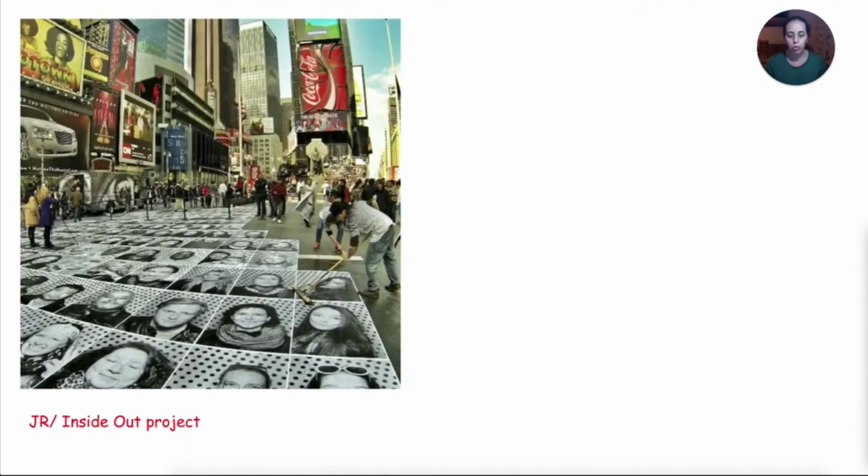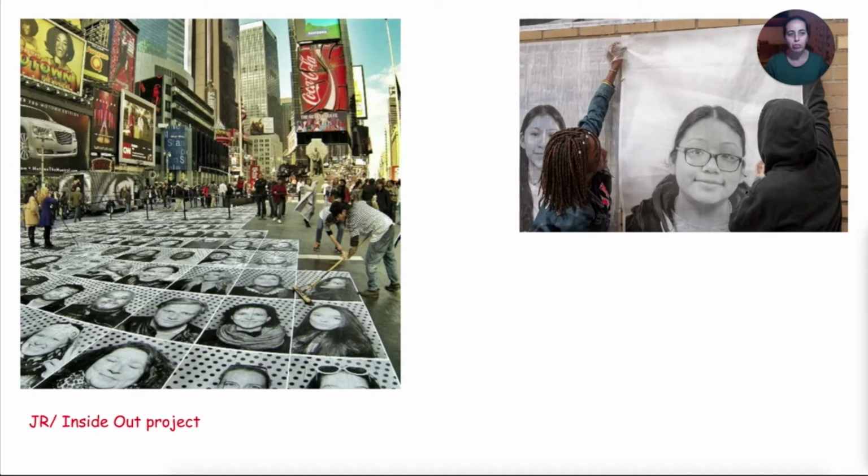Another project he did in 2011 is called Inside Out. In addition to him taking pictures of people, here you see the image in Times Square, and putting them either on the wall or on the street, he wanted communities to do it themselves. So he created a platform where members of communities can contact him, send him the pictures that they took, he printed them, sent them back, and then the community could put the pictures on the wall.